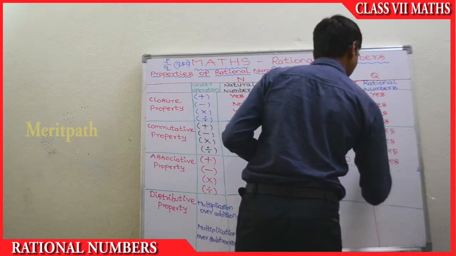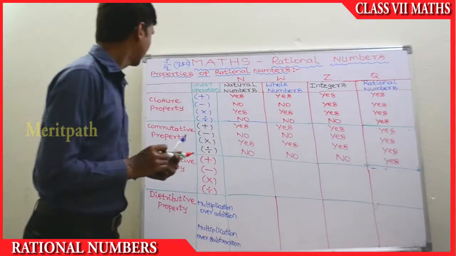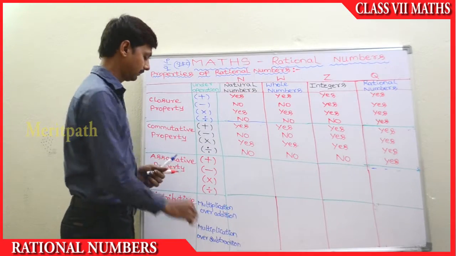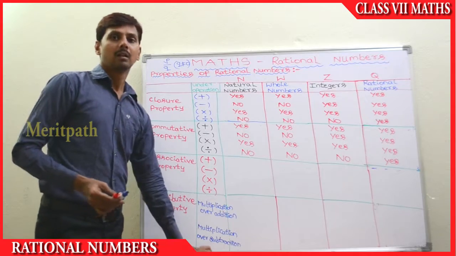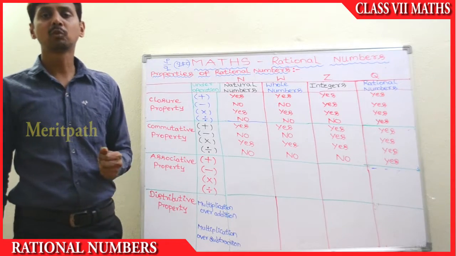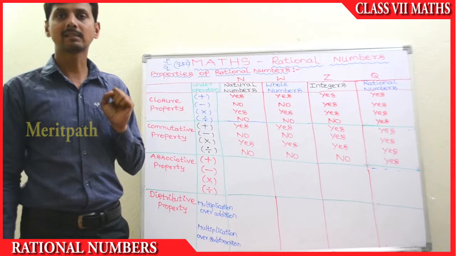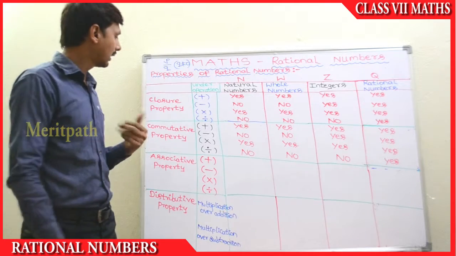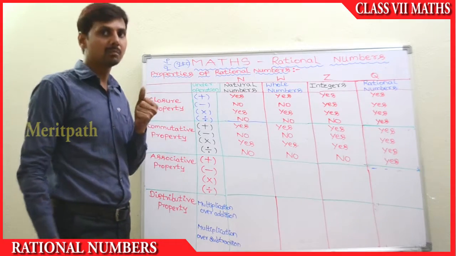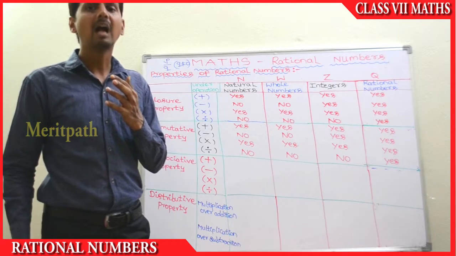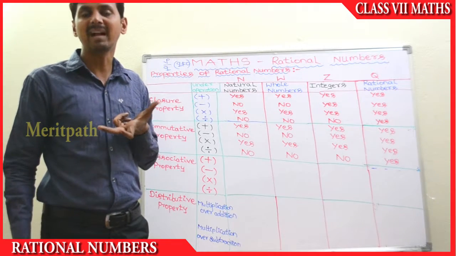So let's go to the next property, that is associative property. We have discussed the associative property in previous classes. Let's recall again. We take any three numbers and we take any two of them as a group.